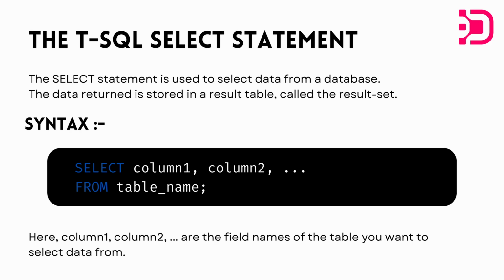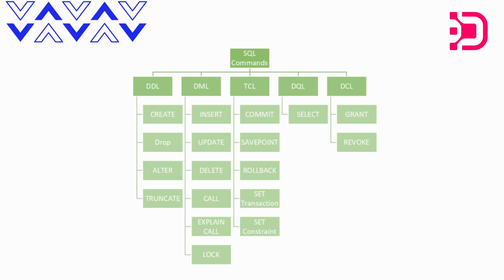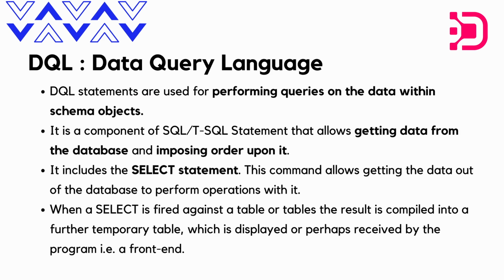So just setting some context, the select statement belongs to the data query language, or DQL, subset of statements. These statements are used to perform queries on data within schema objects such as tables and the like.